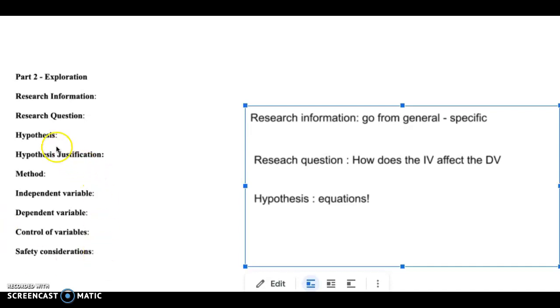For those, you will need a hypothesis and a hypothesis justification. Your hypothesis will be an equation, right? But your hypothesis justification is how do you apply the research information? How do you go from the research information to that equation?